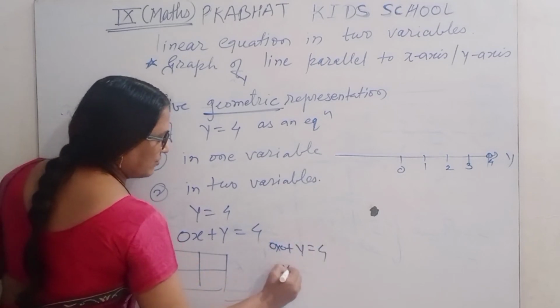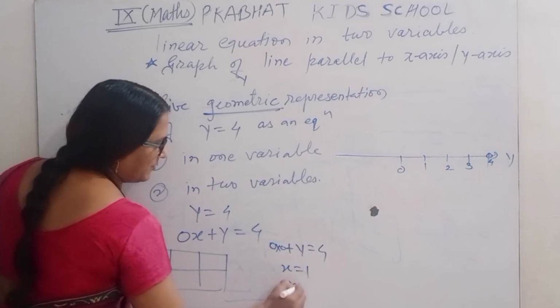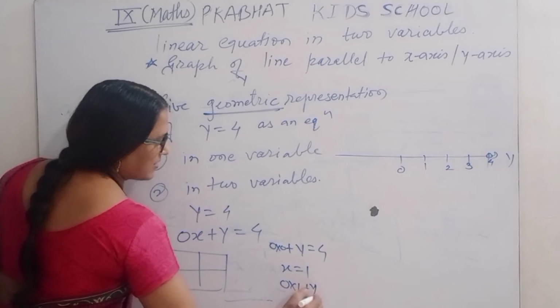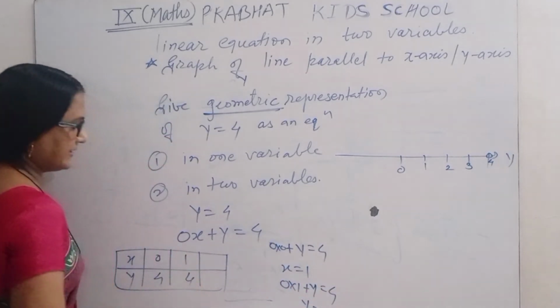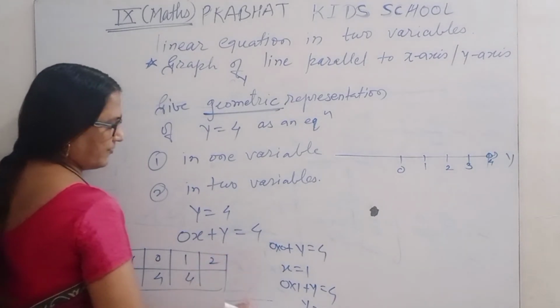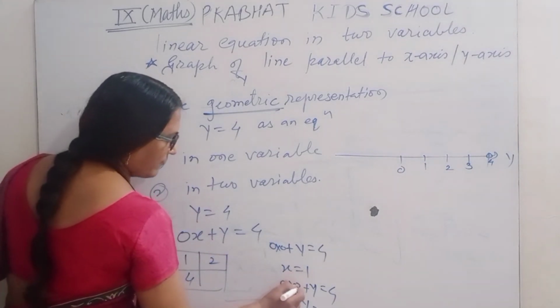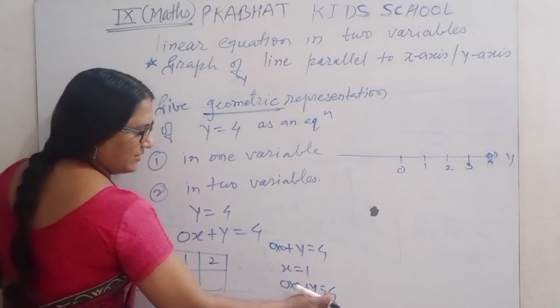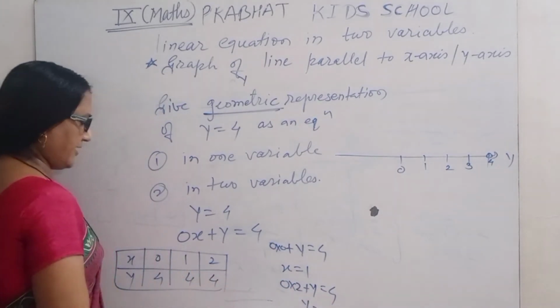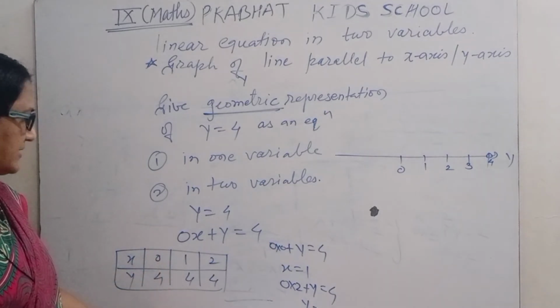Put x equal to 1, then 0 multiplied by 1 plus y is equal to 4, means y is equal to 4. Put x equal to 2, 0 multiplied by 2 is 0, plus y is equal to 4, means y is equal to 4. Clear? We got the points.